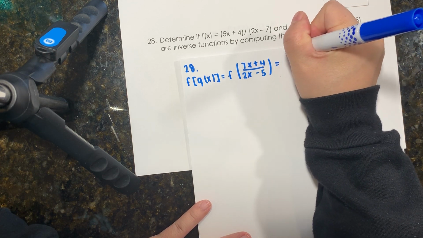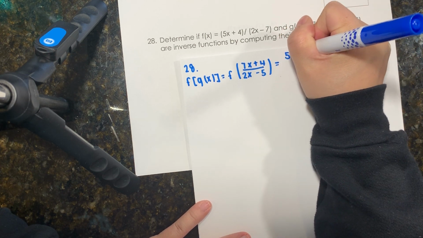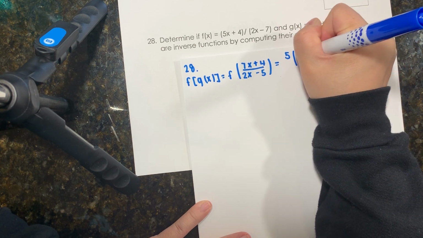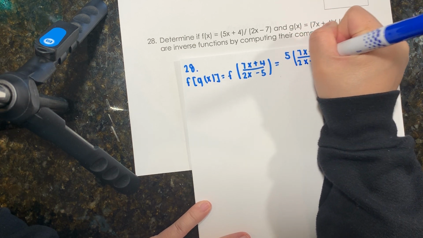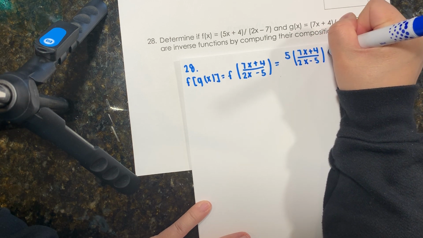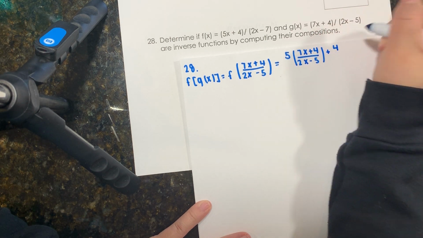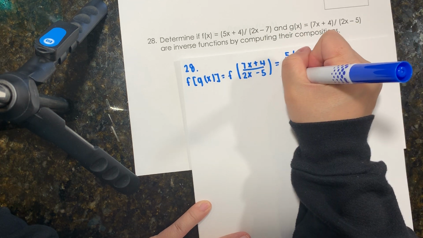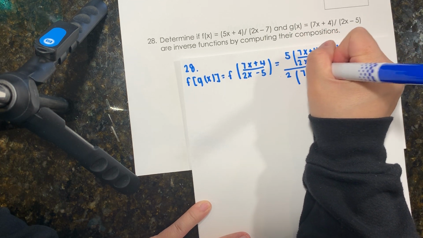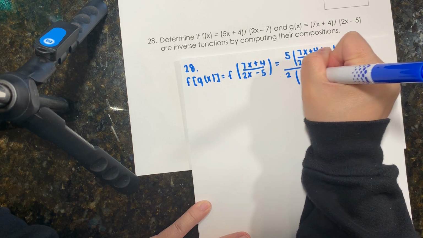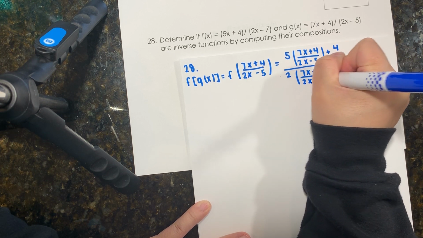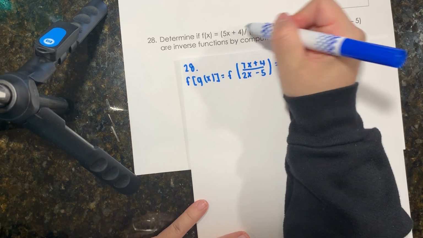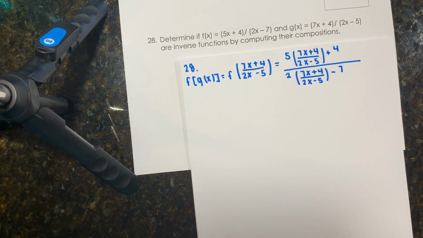So it's going to be 5 times 7x plus 4 over 2x minus 5 plus 4 over 2 times 7x plus 4 over 2x minus 5 minus 7. So I replace this x and this x with this entire function.